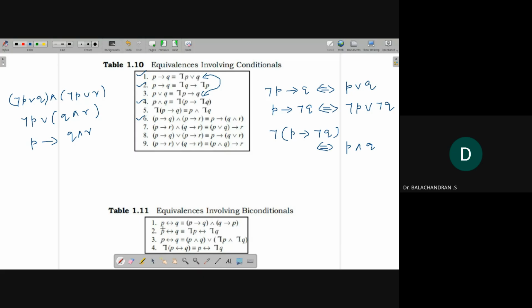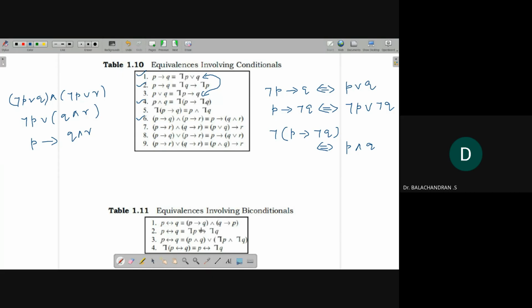The other one is P biconditional Q is equivalent to negation P biconditional negation Q. How can you get this one? P biconditional Q is P implies Q, and here also you have a biconditional.